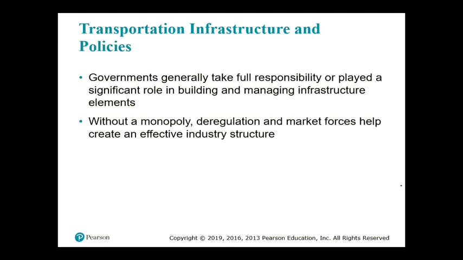So then the government had to deregulate the rail sector, and then the rail sector was able to recover and have more profitable operations, and also logistics and shipments overall increasingly use rail as a transportation mode.